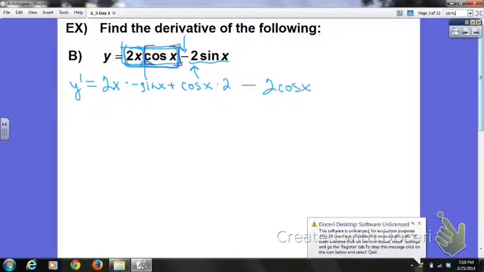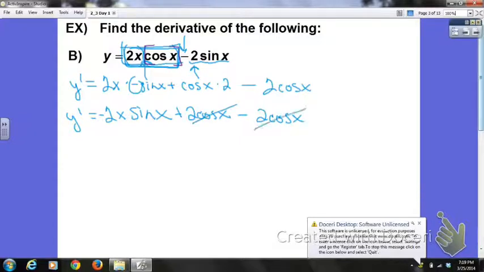So now we need to clean this up. y prime is equal to negative 2x sine x plus 2 cosine x minus 2 cosine x. You'll see that we have a positive 2 cosine x and a negative 2 cosine x.